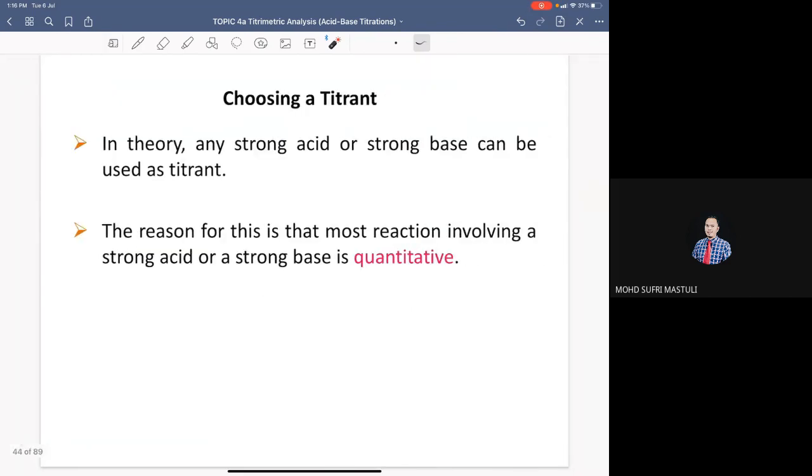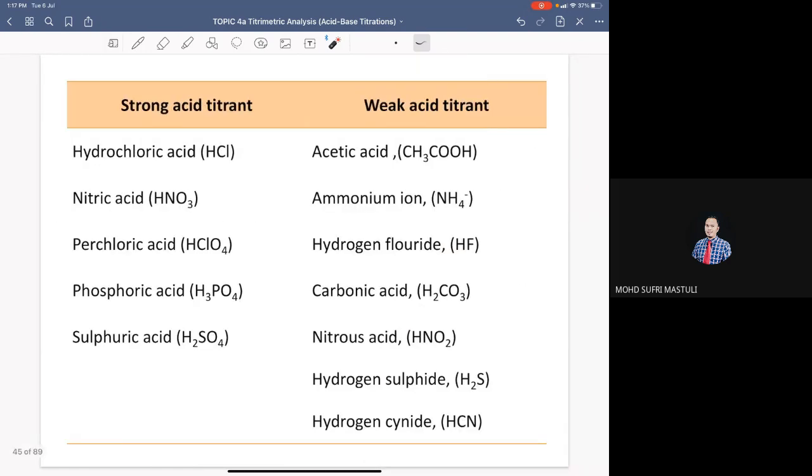All right. So, choosing a titrant. A titrant is a chemical in the burette. In theory, any strong acid or strong base can be used as a titrant. The reason for this is that most reactions involving a strong acid or strong base are quantitative.